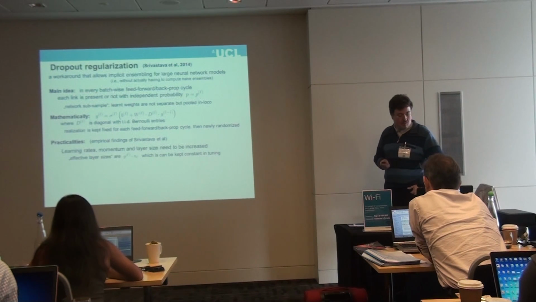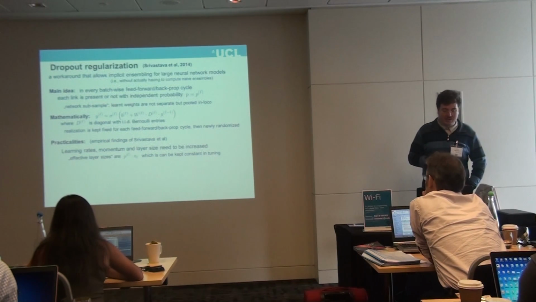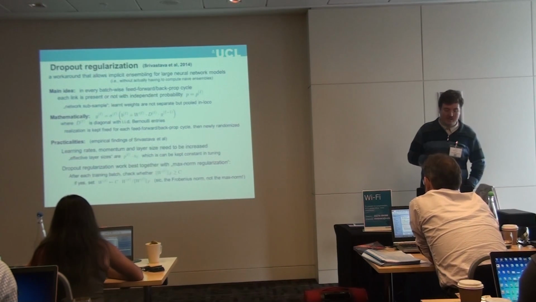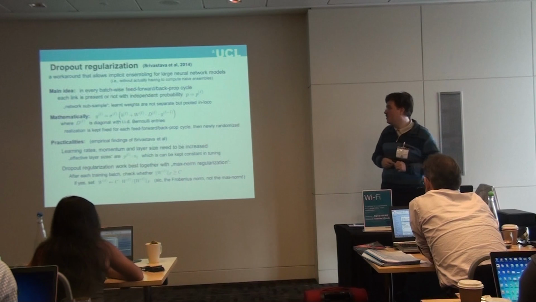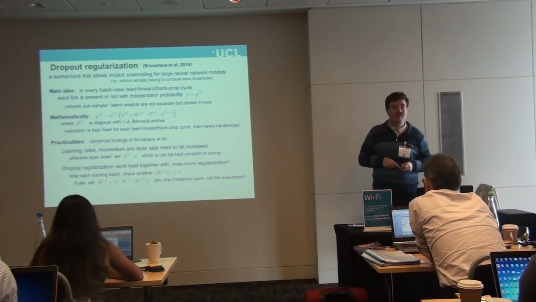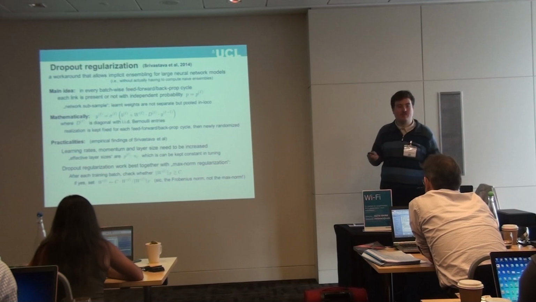And empirically, it seems to be great, though the momentum or the gradient update needs to be increased if you introduce noise via dropout, and it seems to work well together with the so-called max norm regularization. So you check whether the weights are large, and if they are large, then you set them to be smaller.